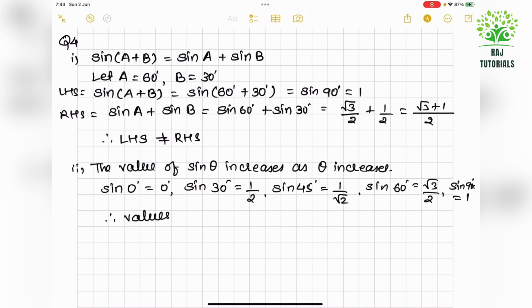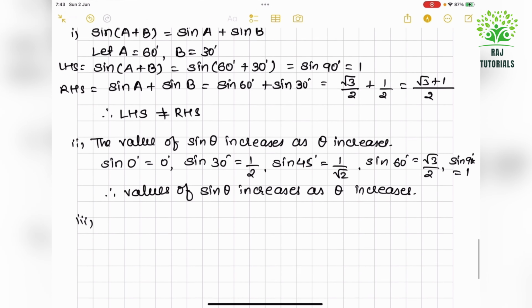So therefore values of sin theta increases as theta increases. So it is a true statement given to me.